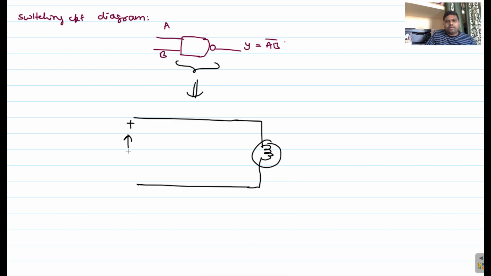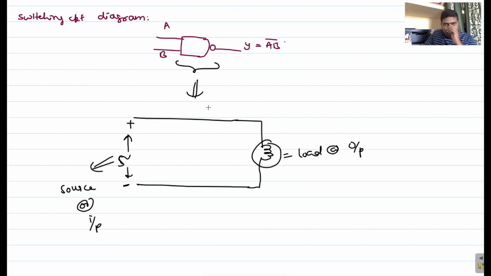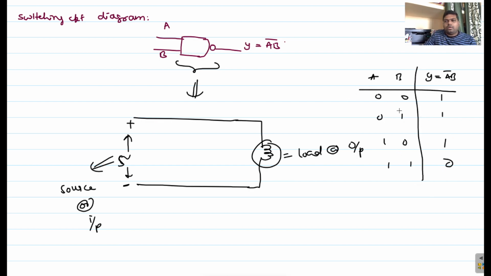This is your 5 volts battery. Okay, that means we can call it the source, otherwise input. And this is the load or output of this particular NAND logic. Now, we already know the truth table of this logic, that is (AB) bar. So 00, 01, 10, 11, and here you will get 1 1 1, sorry, 0.